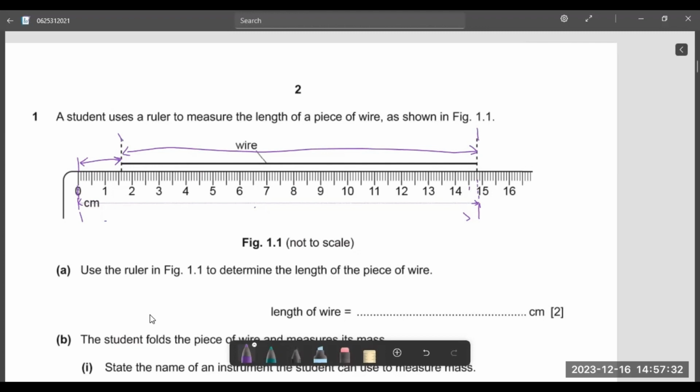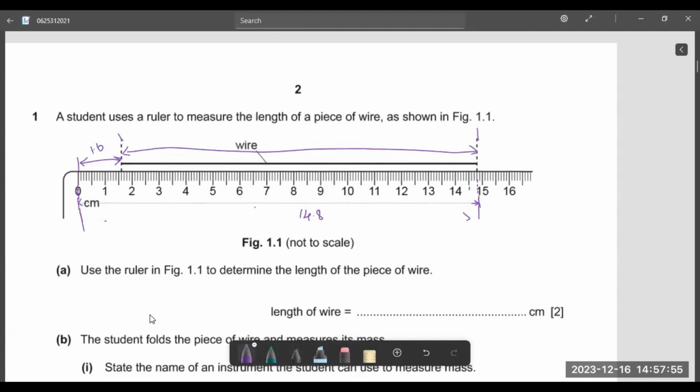So the total length from this point to this point, it is around 14 point. Here it is 5, 6, 7, 8. That is 14.8 centimeter. And the wire starts from here. And from this 0 to this point, that is 1.56.